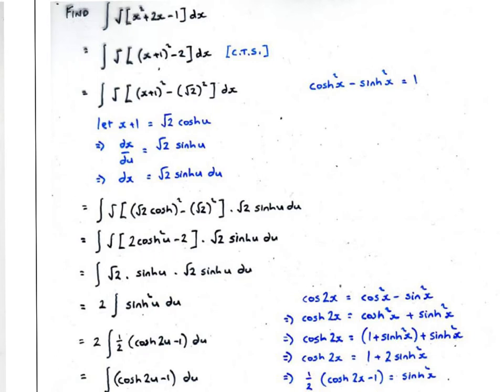When we multiply this out, we get 2 sine squared u du. This is what we looked at the other day when we were integrating and differentiating cos squared and sine squared. When we have an even power of that, then we use the substitution that cos 2x is equal to cos squared minus sine squared.